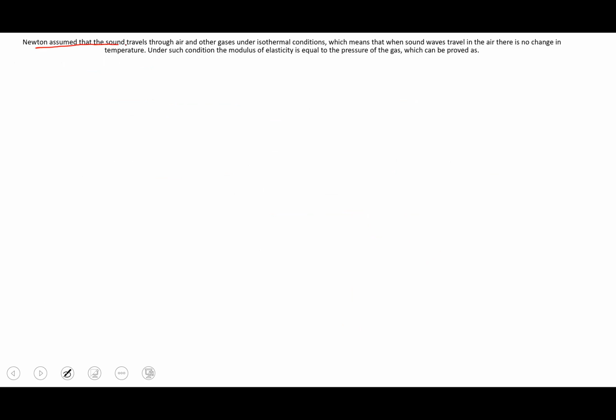Now let's see how Newton solved this equation. Newton assumed that sound travels through air and other gases under isothermal conditions. Now, what are isothermal conditions? Isothermal conditions are those in which temperature remains constant, meaning it doesn't change throughout the experiment. So when a sound wave travels in air, there is no change in temperature.